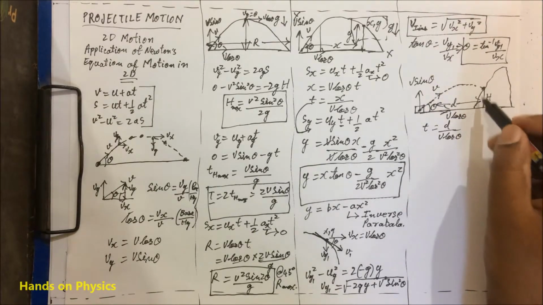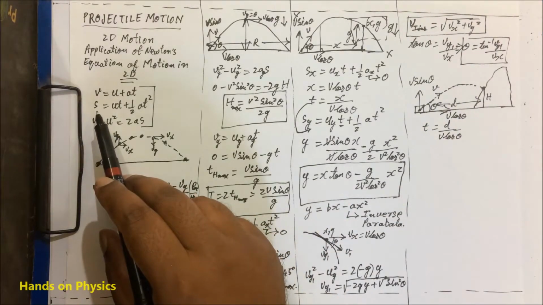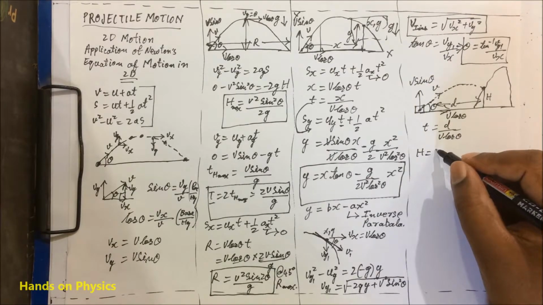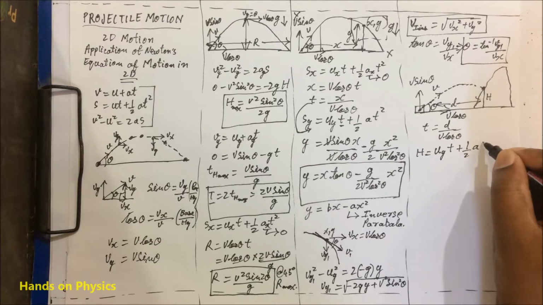And if we want to find out what the height is here, we can put Newton's second equation, that is h is equal to initial velocity in y-axis times t plus half a t square.